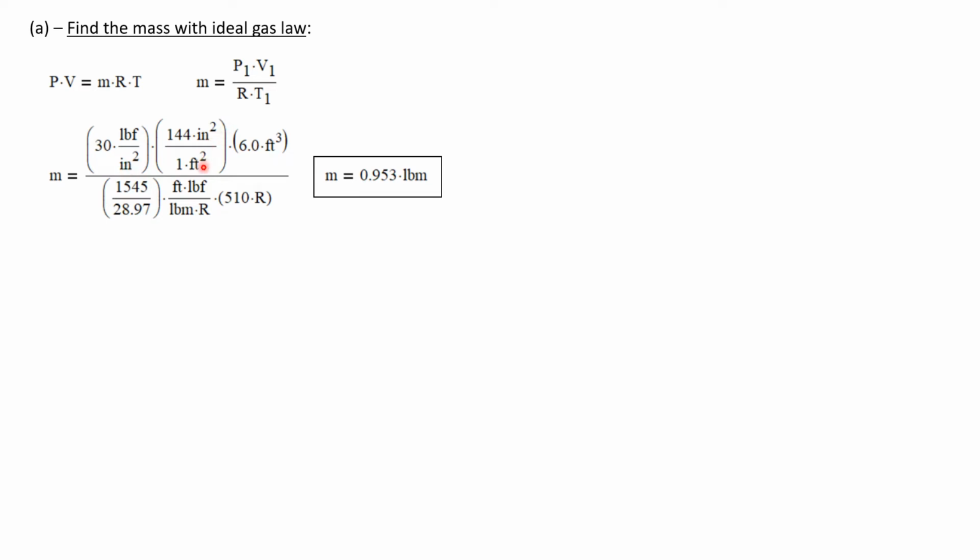I'm going to convert that to square feet. And the initial volume is 6 cubic feet. The gas constant is the universal gas constant divided by the molecular weight, that quotient having units of foot-pounds force per pound mass R, times the temperature of 510 degrees R. Calculate that the mass is 0.953 pounds mass.